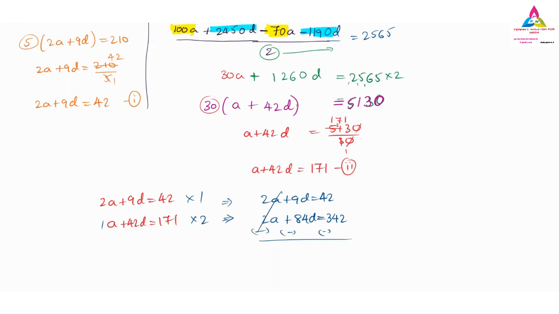2a gets cancelled. Here it will remain minus, greatest number is negative, 84 is negative. So 84 minus 9 is 75. And this side we have 300. Okay, this is 75d. So it is minus 300, because greatest number is negative, having 342. So this negative gets positive.